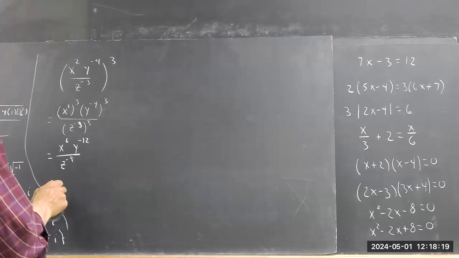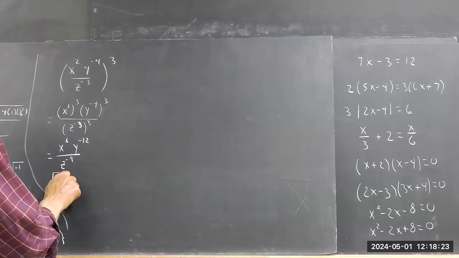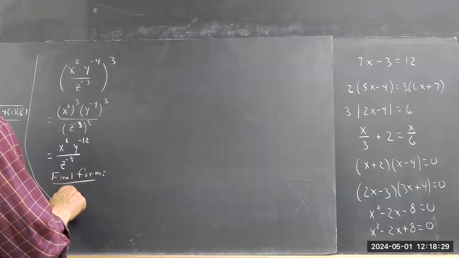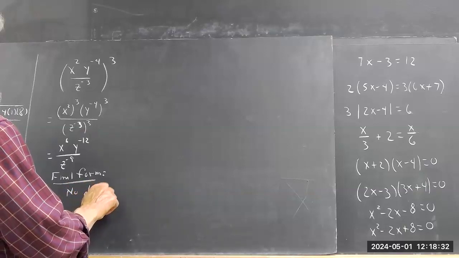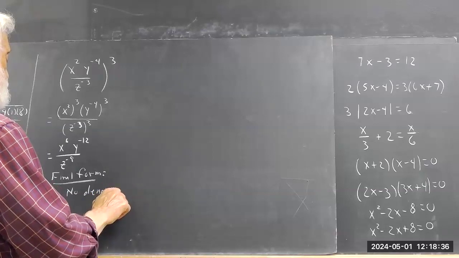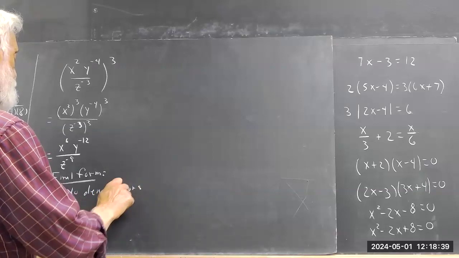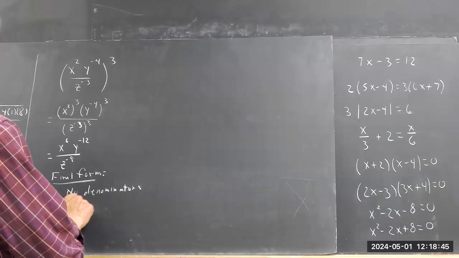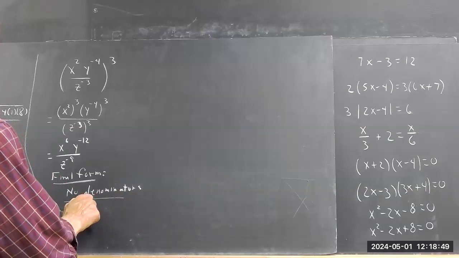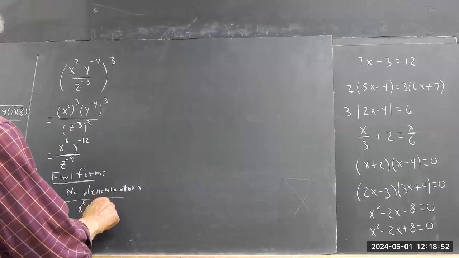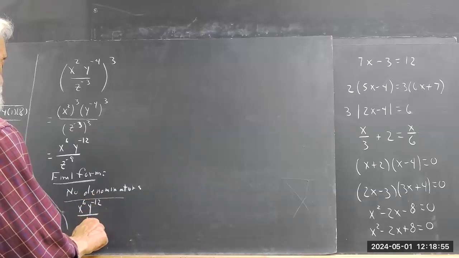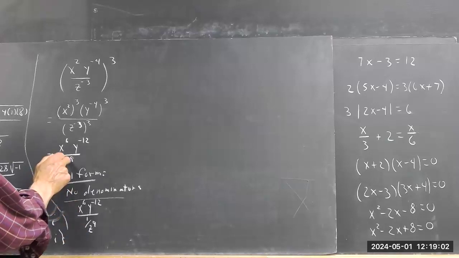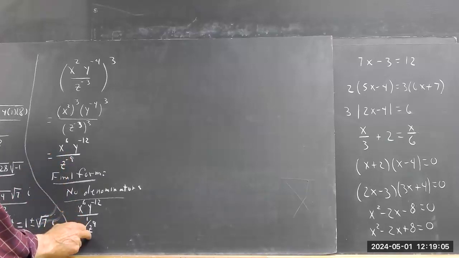Now, if you want a final form with no denominators, you can write the denominator as 1 over z to the 9th, because that's what a negative exponent means. z to the negative 9th is 1 over z to the 9th.